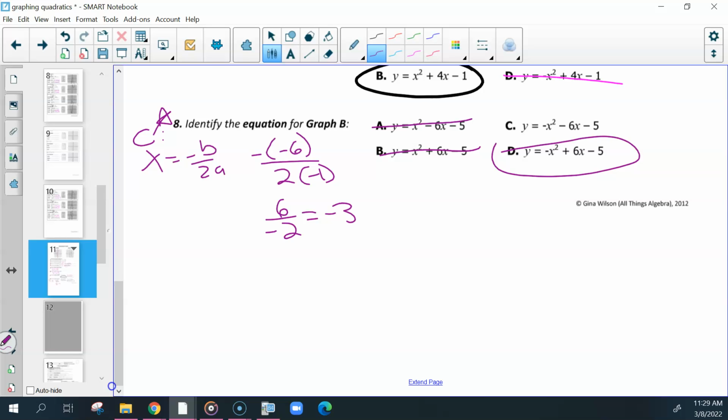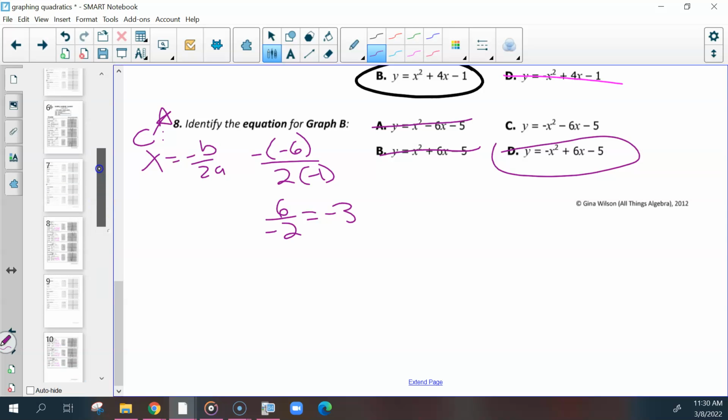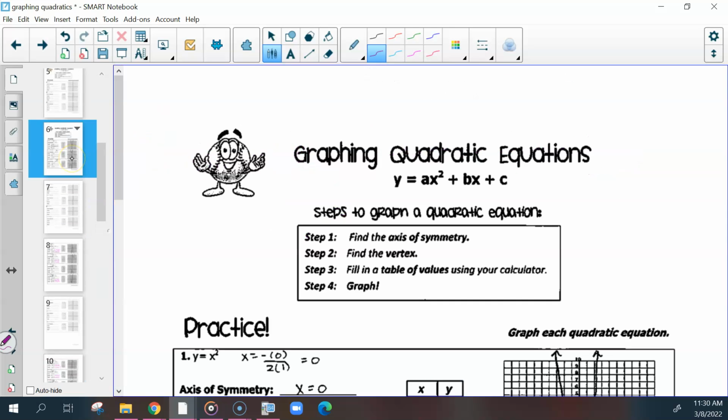So that was us finishing the second lesson, the graphing aspects. This is the start of the third lesson, but we're going to keep using these notes for a second. Go back to the first graph.